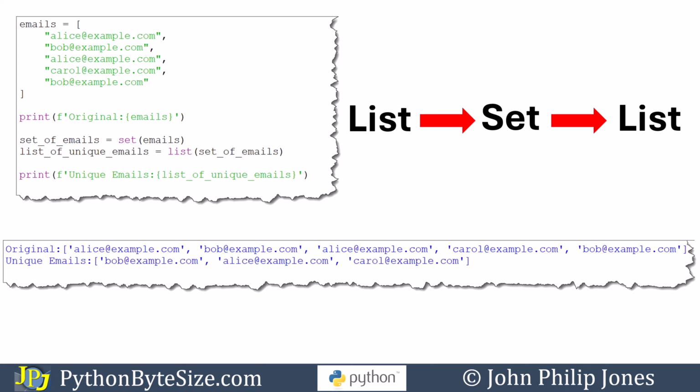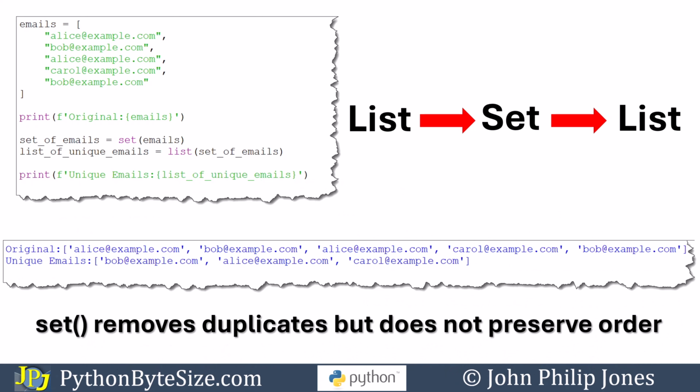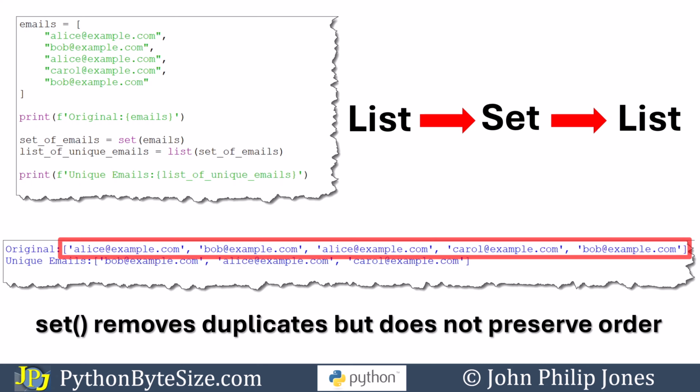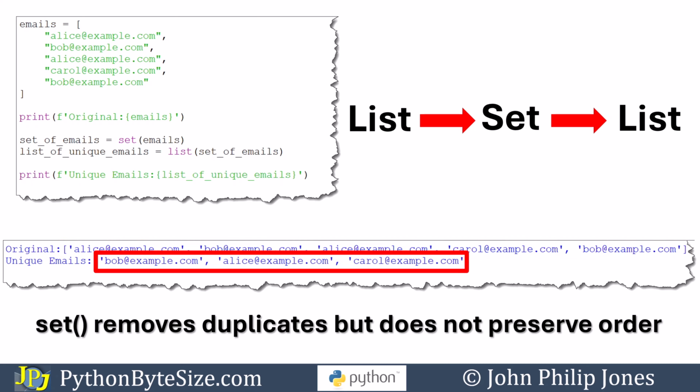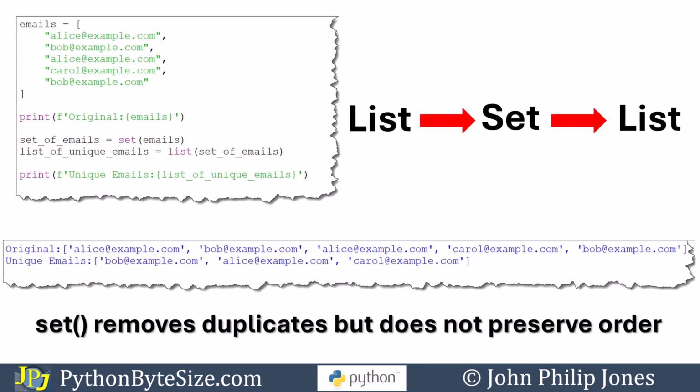Before I finish the video, it's worth reminding you that set removes the duplicate but does not preserve order. What does that mean? Well, have a look at this original list and you can see it said Alice, Bob, and if you look here you can see Bob appeared before Alice. So although it's got rid of the duplicate, it hasn't kept the email entries in the same order.